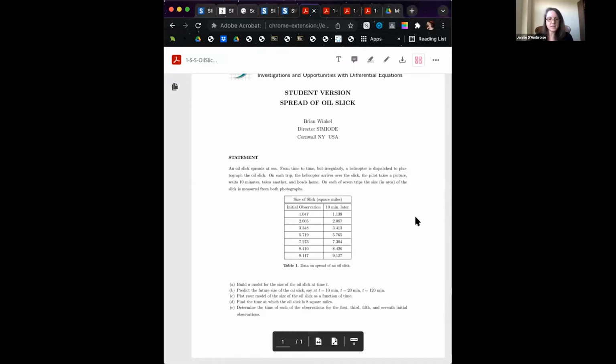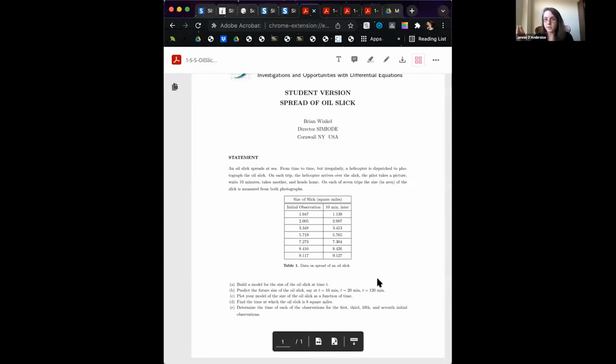If you look at the parts here, even just part A of this modeling scenario says build a model. Okay, so the students have to know how to build a model in order to do this scenario. So that's a problem for me in Calculus 1 because I really didn't want to take a whole separate day to teach them differential equations and modeling.